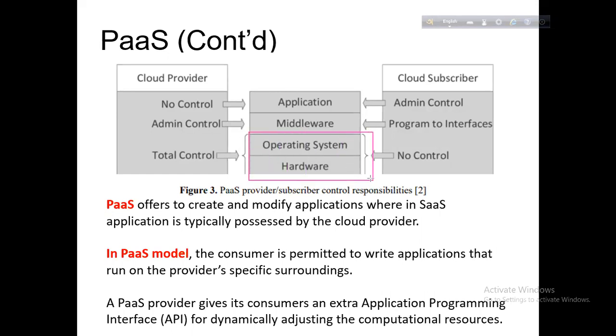So the hardware and the operating system, this is controlled by the cloud provider. In other words, this is the service which is provided by the cloud provider. So they are taking care of you. You got that point? So you tell them your requirement and they will handle it.